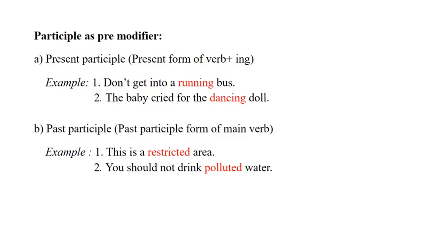Here, the word restricted is the past participle form of the verb restrict, and the word polluted is the past participle form of the verb pollute. But they are used here before the nouns area and water only to modify them. So here the word restricted is a pre-modifier of the noun area and the word polluted is a pre-modifier of the noun water.